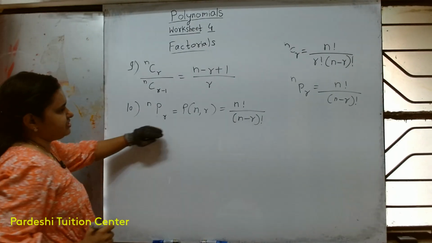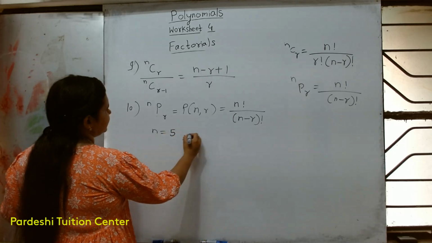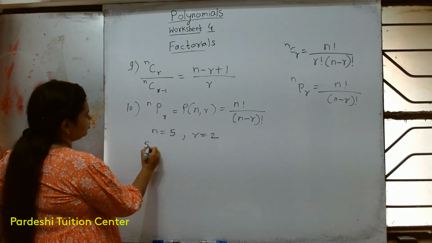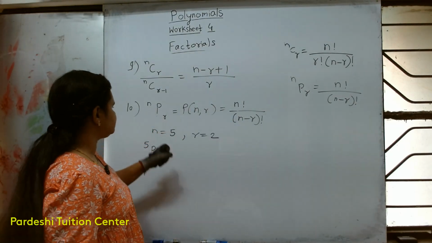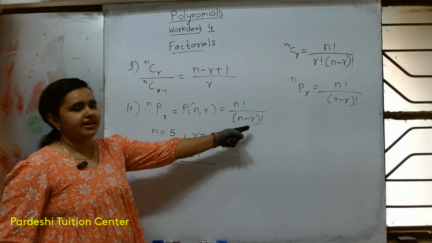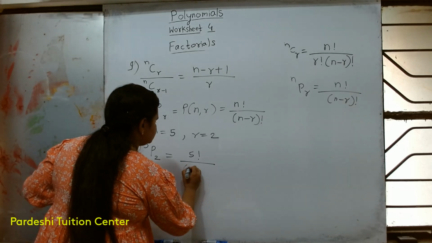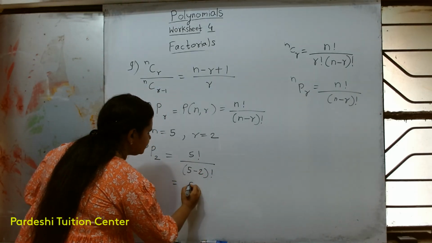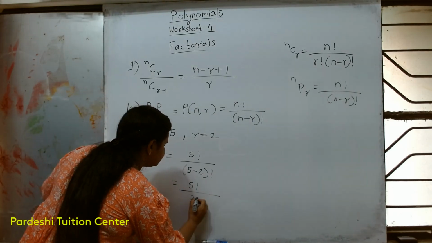Now if I check it, if I put n as 5 and r as 2, it will be 5P2. It will equal n factorial, means 5 factorial, upon (n minus r) factorial. n minus r means 5 minus 2, so it will be 5 factorial upon 3 factorial.